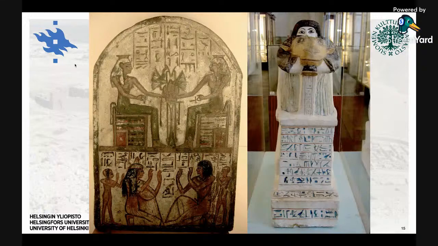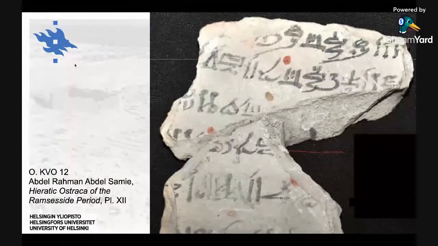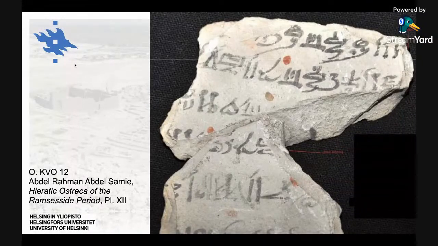Now, when writing literature or letters or administrative texts, ancient Egyptians usually used so-called hieratic writing. And that is a cursive handwriting that is based on the hieroglyphic writing. Just faster written hieroglyphs, kind of.